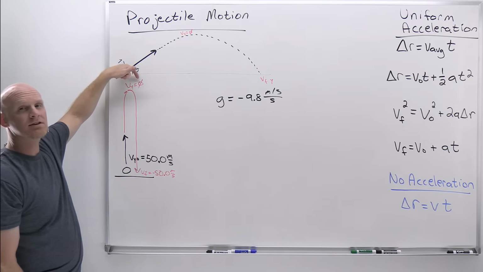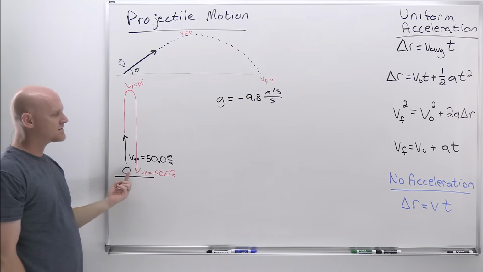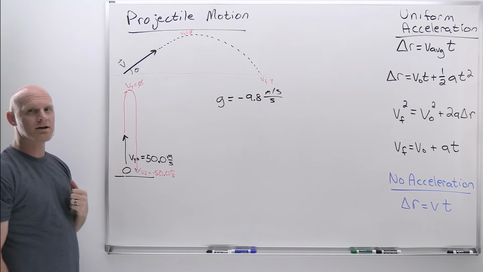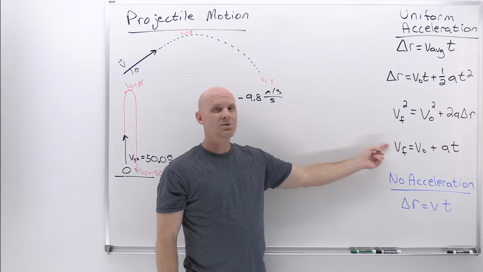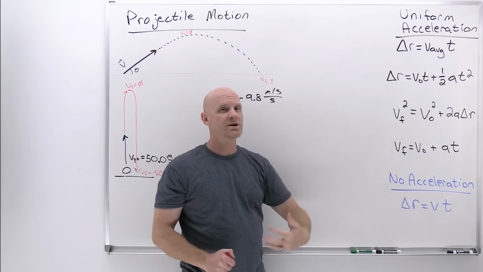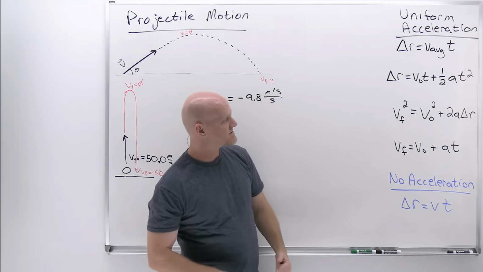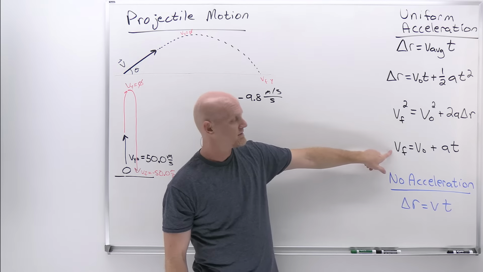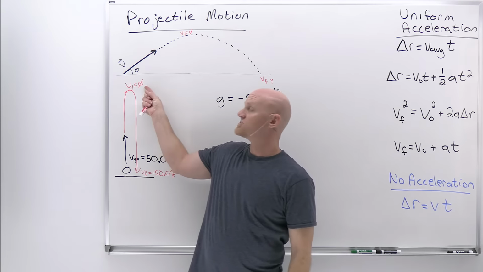So how long does it take to get to 0? And you can see, well, if it's 10 meters per second each second, that's going to take roughly 5 seconds. Now, technically, we're using this equation without realizing we're using an equation. If you have an intuitive feel for what acceleration is, and the numbers are nice, like they are here when we ballpark gravity as negative 10 meters per second squared, we're really just using this equation. The final velocity for the first half of the journey is 0.